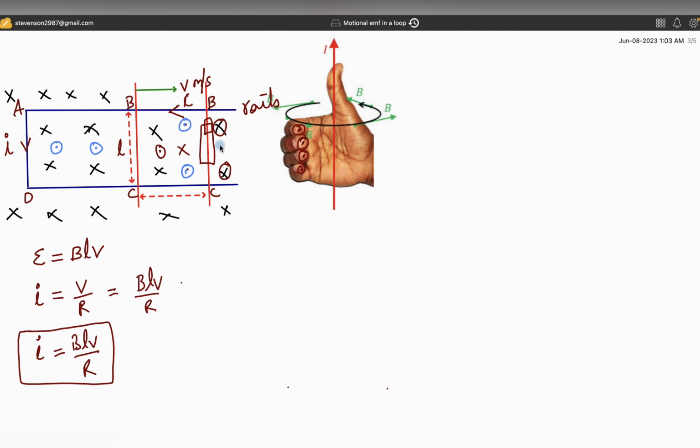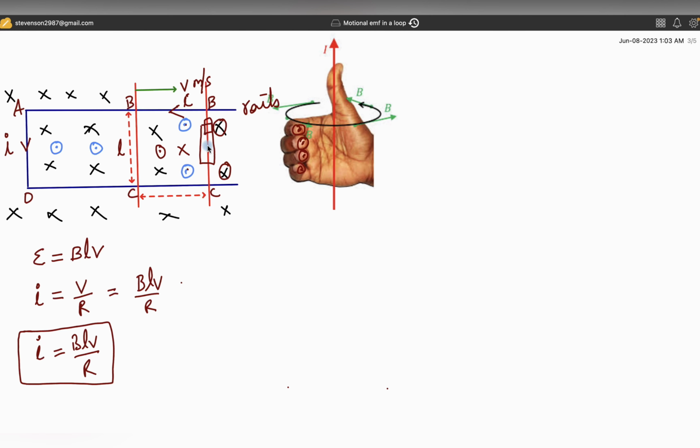Because this field is going into the page and our wire, which is carrying the current in anti-clockwise direction, is in that magnetic field and carrying that induced current now because it is moving to the right.